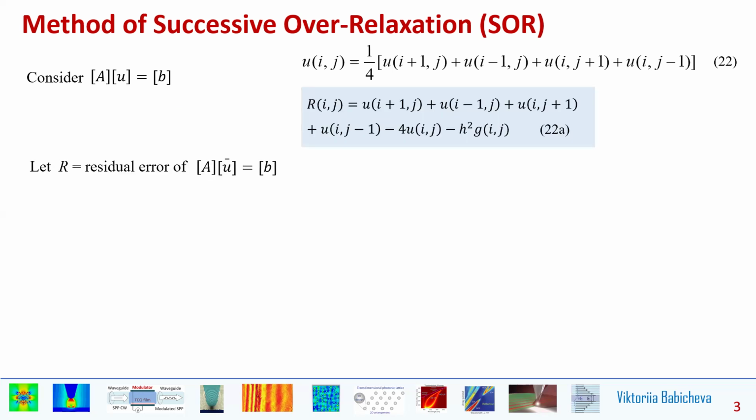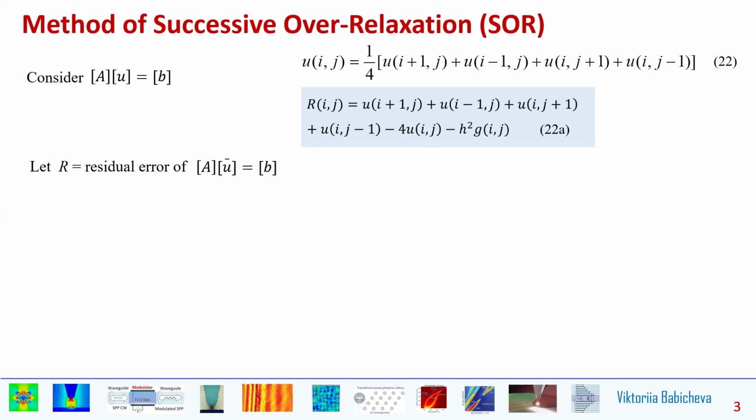To apply the method of successive over-relaxation to equation 22, we first define the residual at node ij as the amount by which the value at ij does not satisfy equation 22.